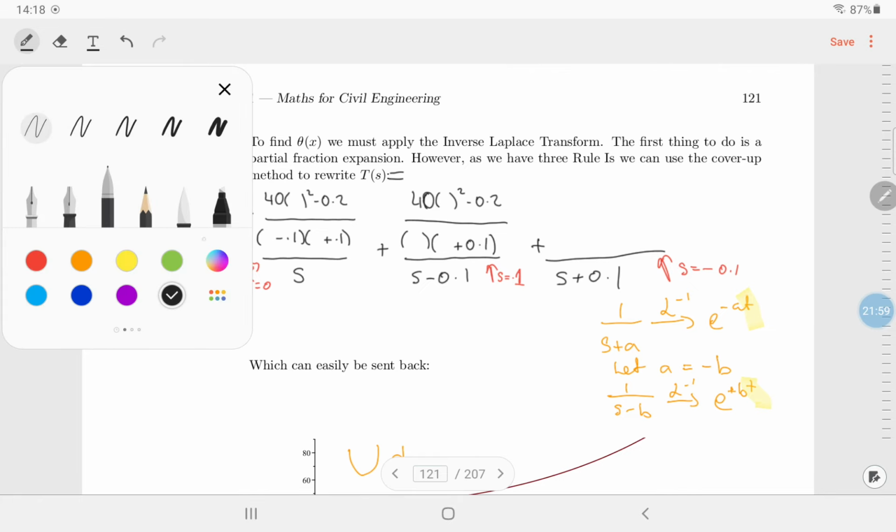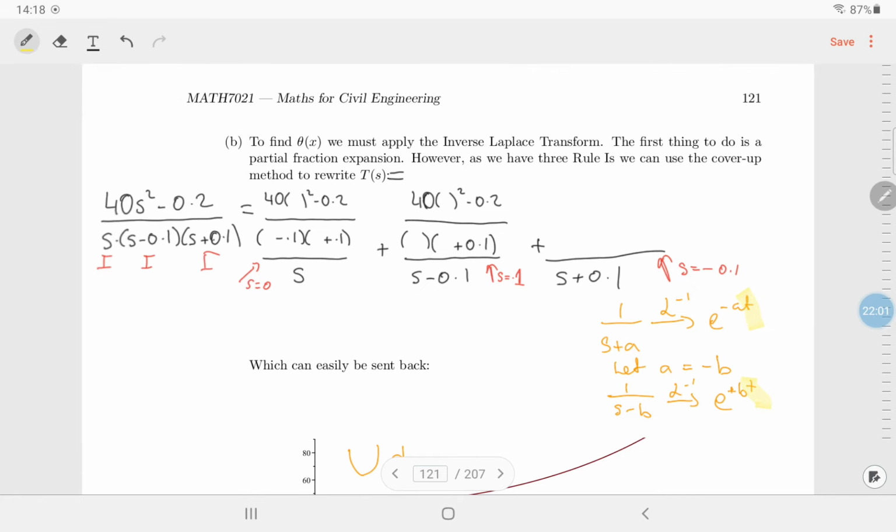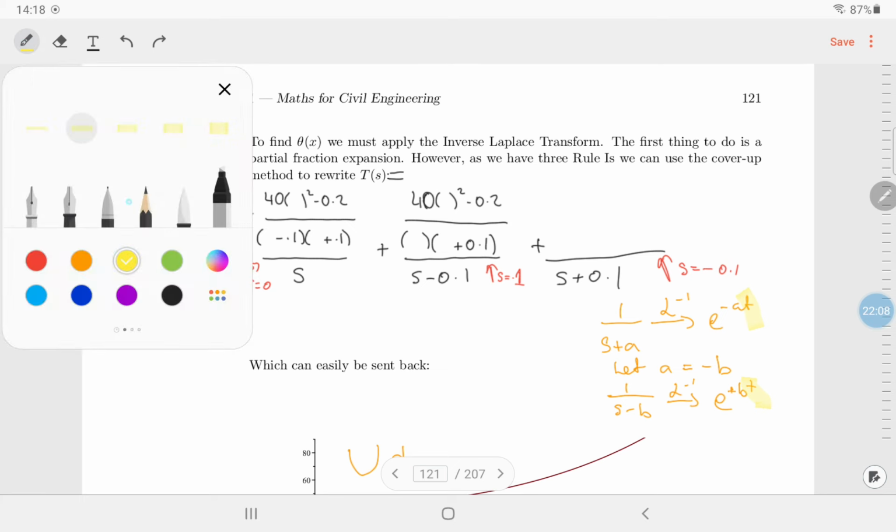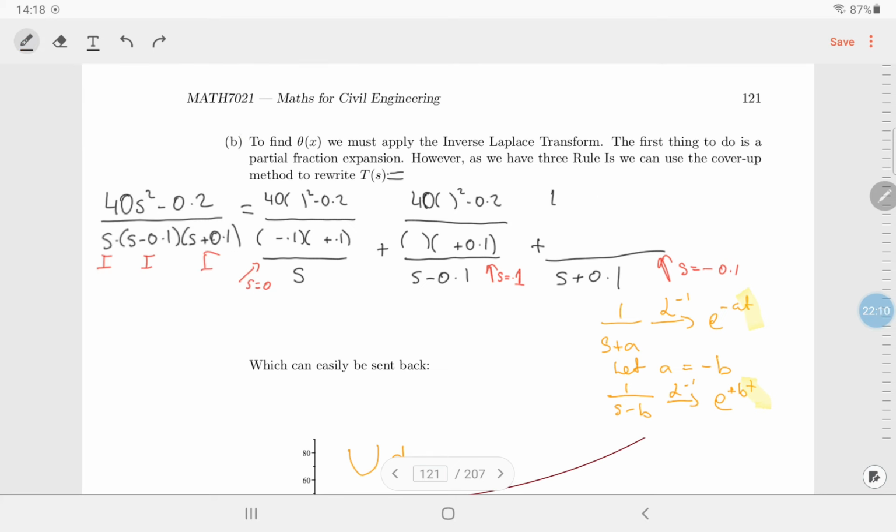And then the last one, cover up s plus 0.1 and see what's left and substitute in s equal to minus 0.1 into that. So you'd get 40 times s squared minus 0.2 and s times s minus 0.1.